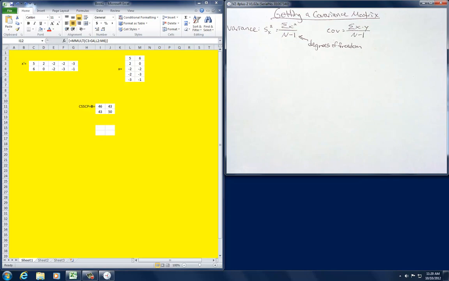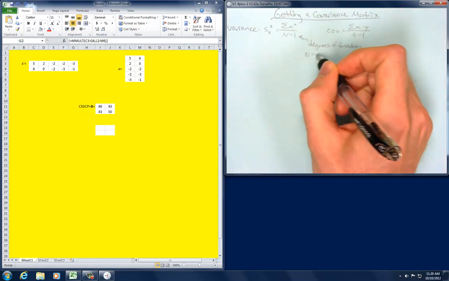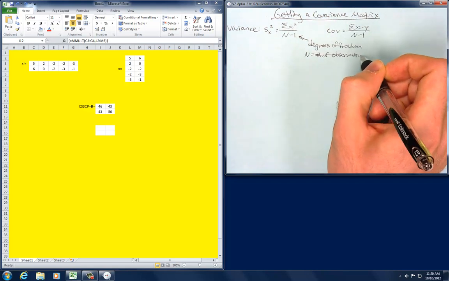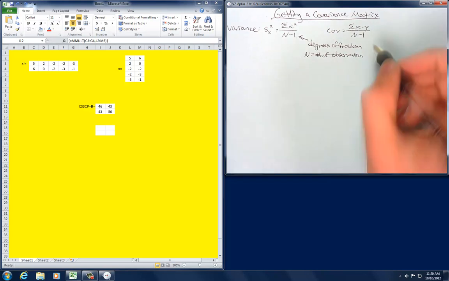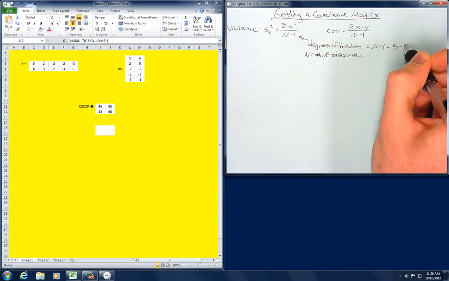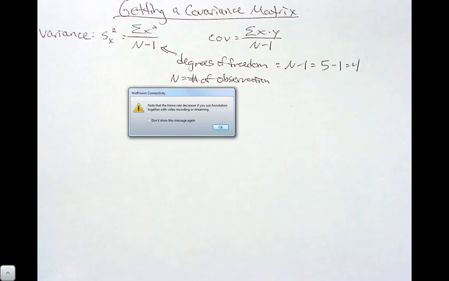So n is our number of observations, and you subtract that by 1. So in our previous example, our degrees of freedom would be 4. So n minus 1, n was 5, it's 4. Okay.